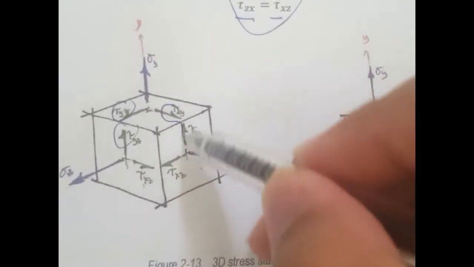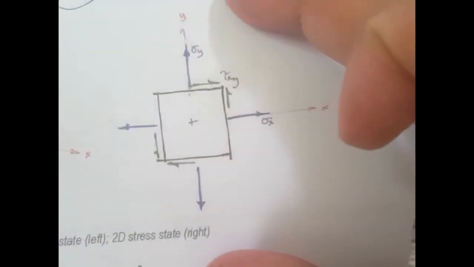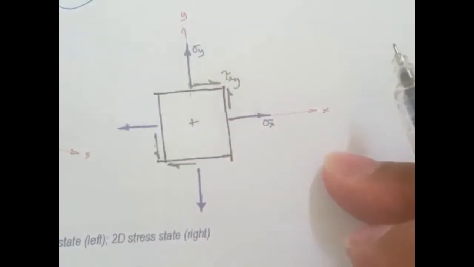These two are equal, and these two are equal. Now this is three-dimensional, but sometimes we just consider two-dimensional. So this is how it will look.